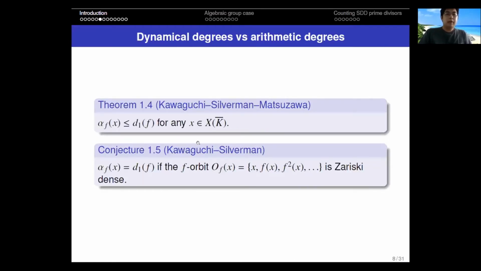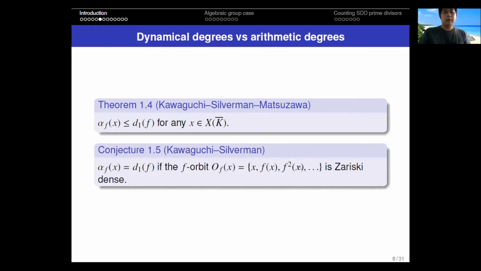A fundamental relationship between arithmetic degree and dynamical degree is the following inequality proved by Kawaguchi, Silverman, and Matsuzawa. They proved that the arithmetic degree at any point is always at most the first dynamical degree. And Kawaguchi and Silverman also conjectured that equality holds if the F orbit is dense in the Zariski topology.